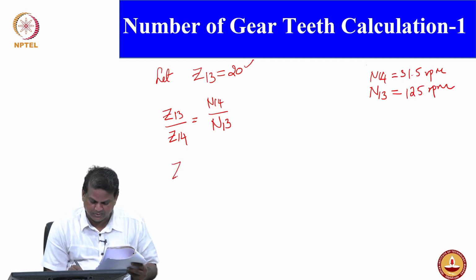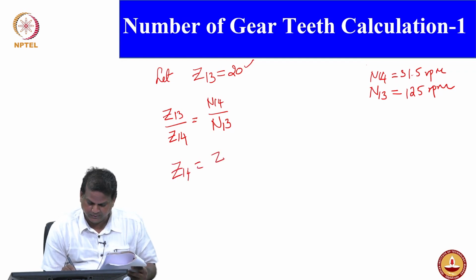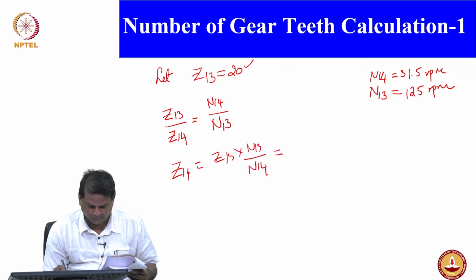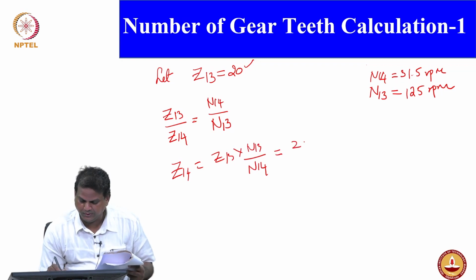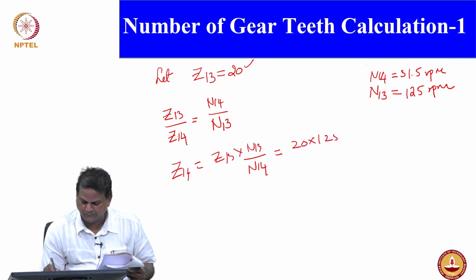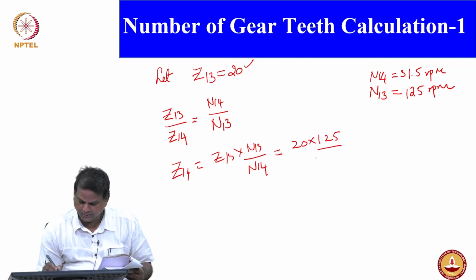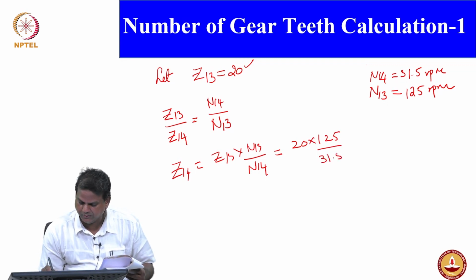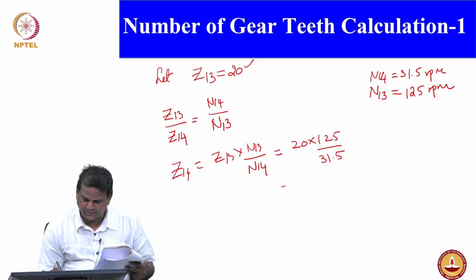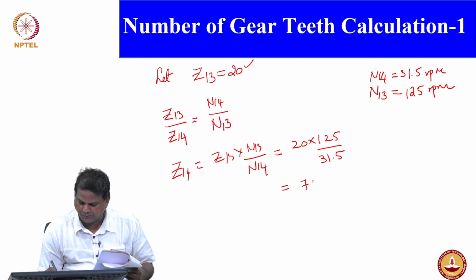Z14 equals Z13 times N13 by N14, so you substitute the values: 20 times 125 divided by 31.5. I would expect some fractions. So I am getting 79.36 as Z14.